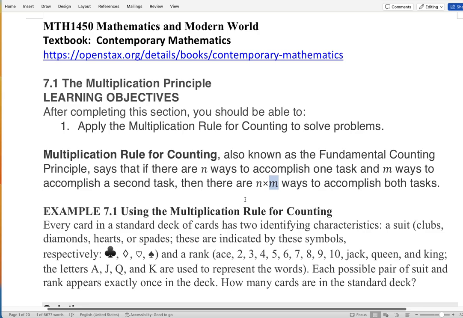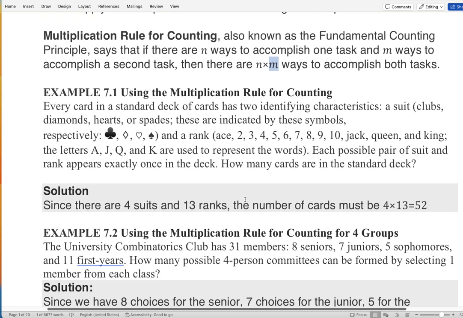And let's take a look at some simple cases. The first case we are considering is a standard deck of cards. And we know cards very well, right? Let's assume we only consider cards without jokers. So basically, there are two characteristics to form a deck of cards.